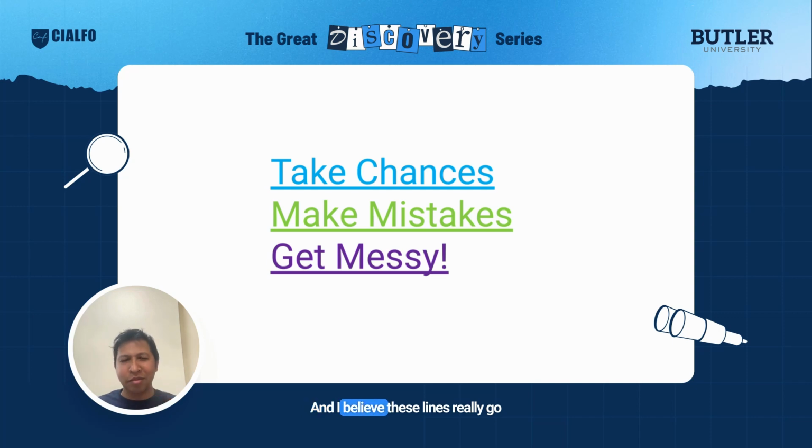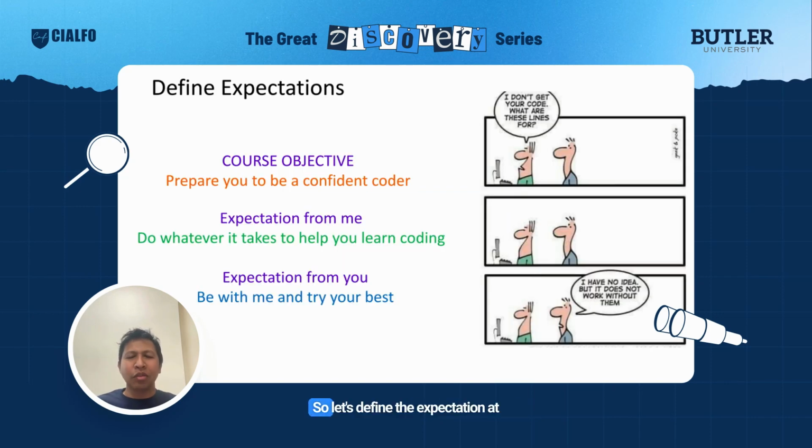And I believe these lines really go with a beginner level coder, right? So whenever you are coding, you'll definitely make mistakes, you'll definitely bog down somewhere, and you are waiting for something to happen. It's not happening, your code is not working, your code is messy, but try it and ultimately it will work out, right? So let's define the expectation at the beginning of this course.